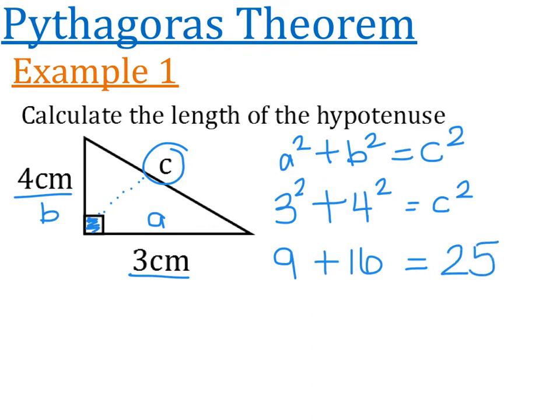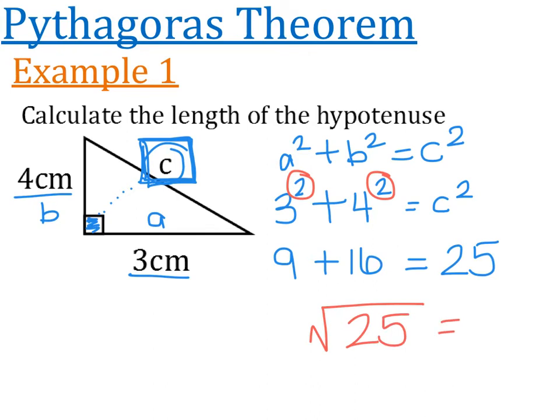Now, I'm nearly done, but I promise you this side here is not 25. That is a really quite big number. So if I want to find out how big side C is, because I squared everything in the question, what I have to do for the very last step is take the square root of 25 to find out how big that is.